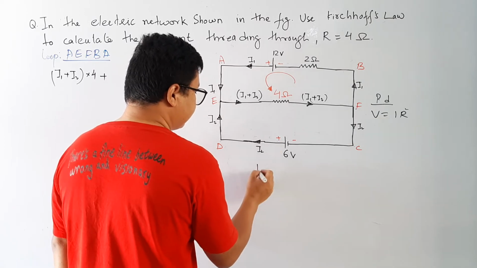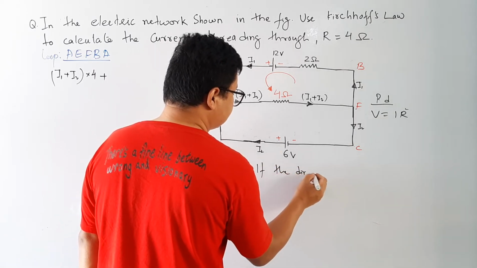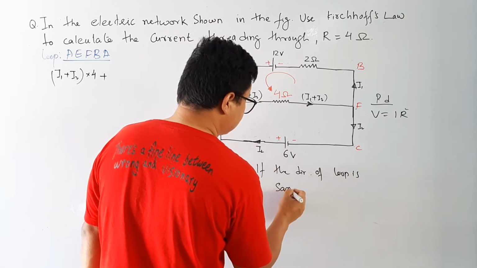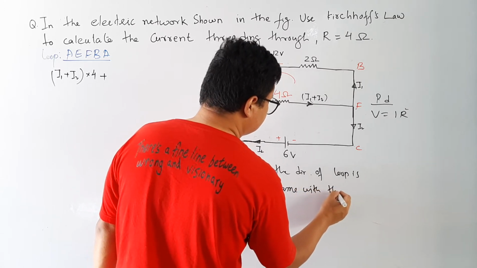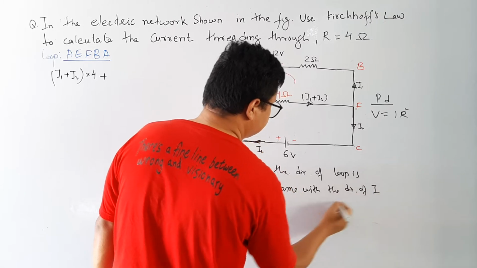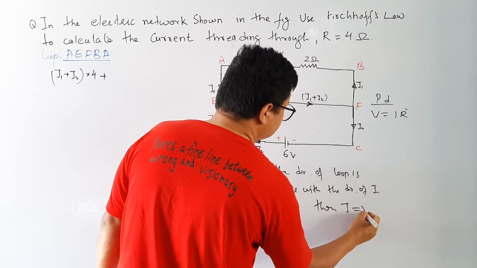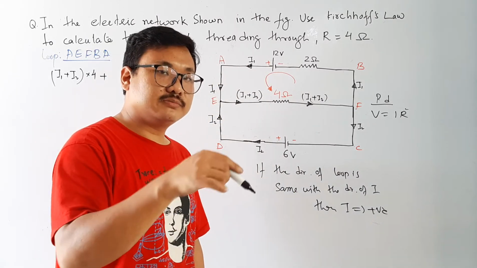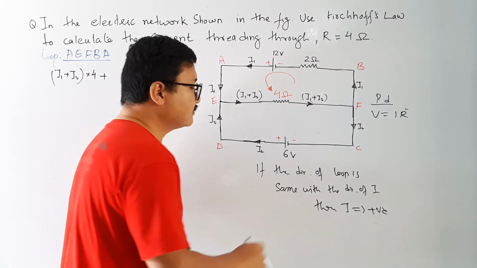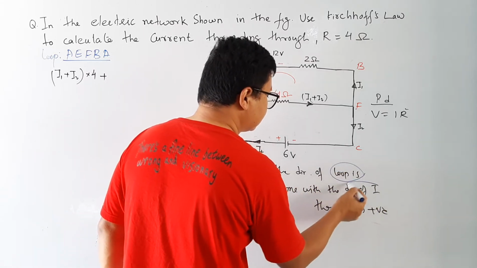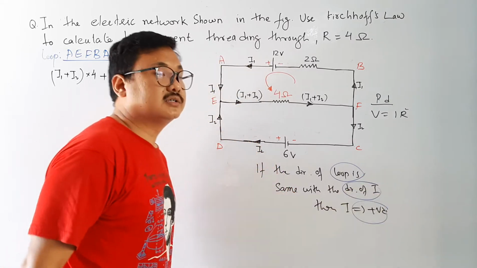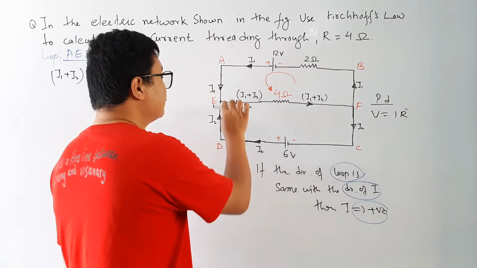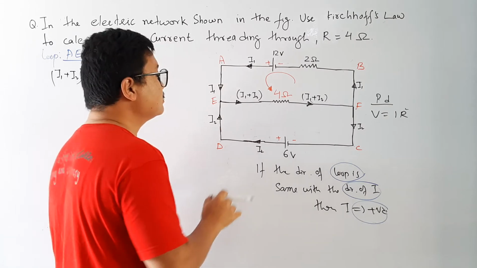So if the direction of the loop is the same as the direction of current, the value of current is taken as positive. Here we are going from E to F, that is the direction of the loop is from E to F, and the current is also going from E to F.